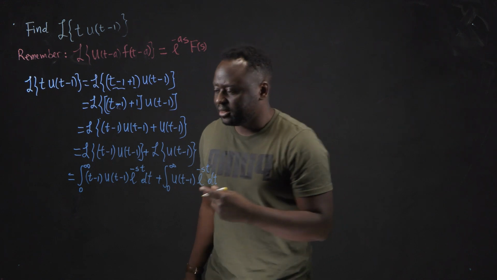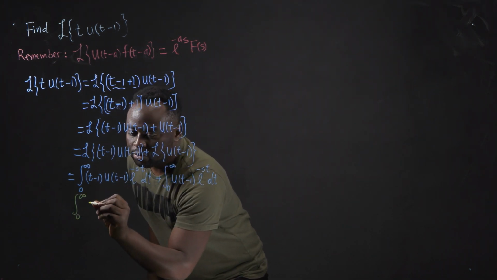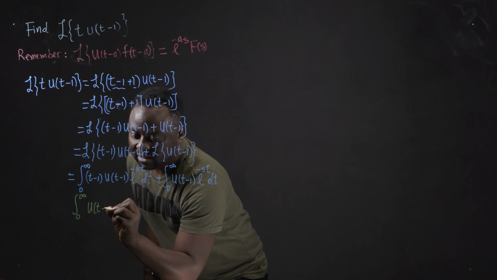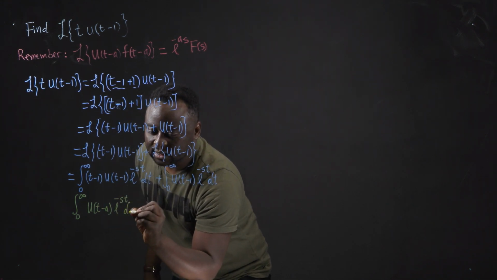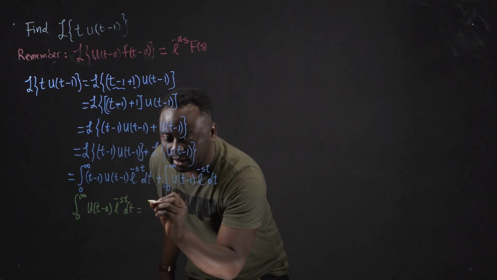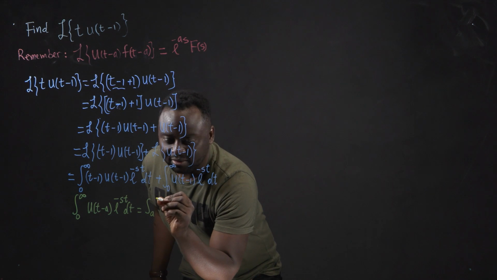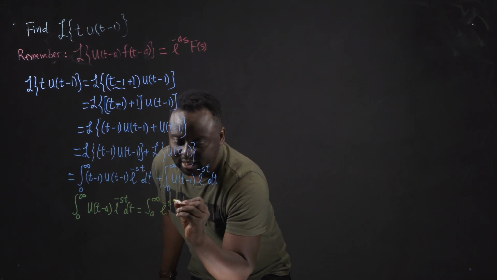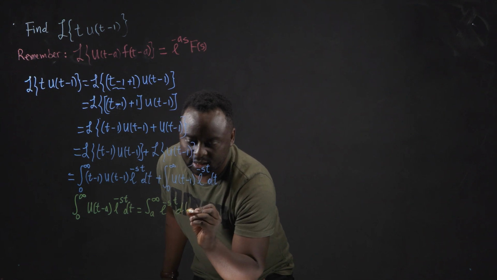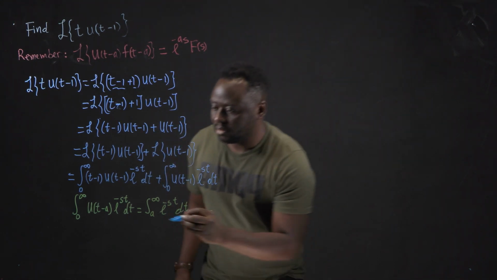So remember that the integral from 0 to infinity of u of t minus a times e to the power minus st dt is the integral from a to infinity of e to the power minus st dt. If you apply this to our case, then we have the following.